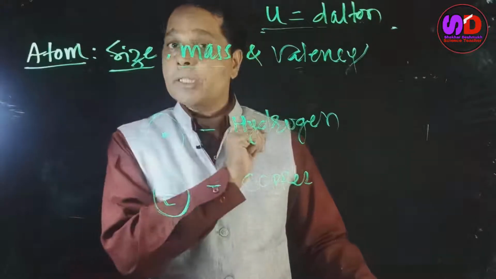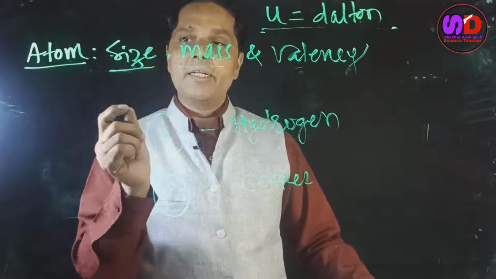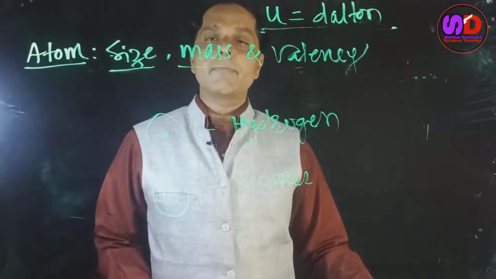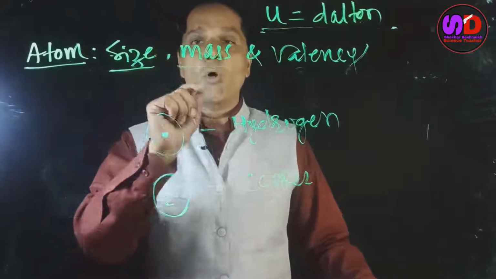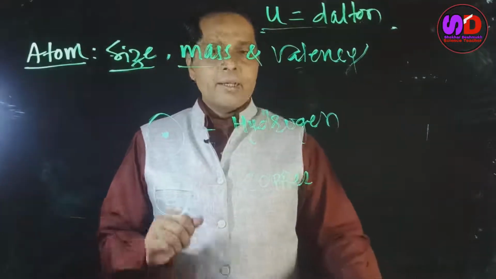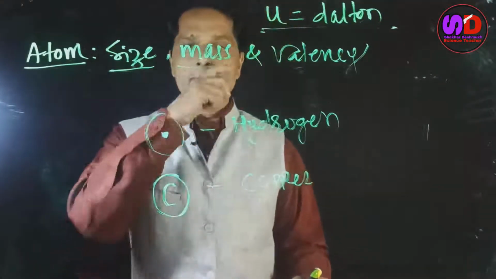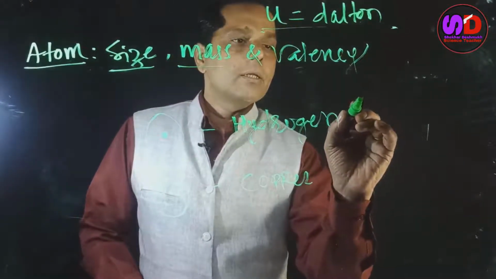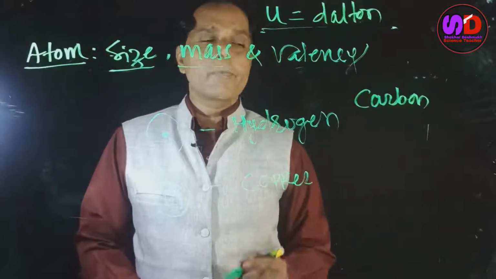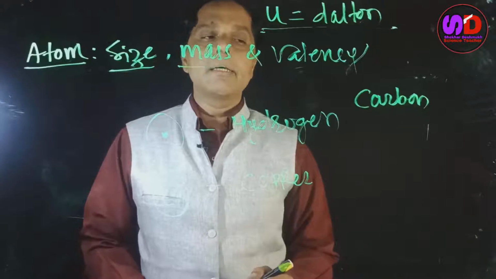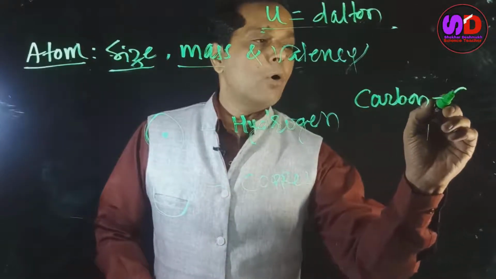And one more important thing is that the first letter must be capital, and the second letter must be small. Why is it needed? Let us take an example. Carbon has the first letter C, which is taken as the symbol of carbon.